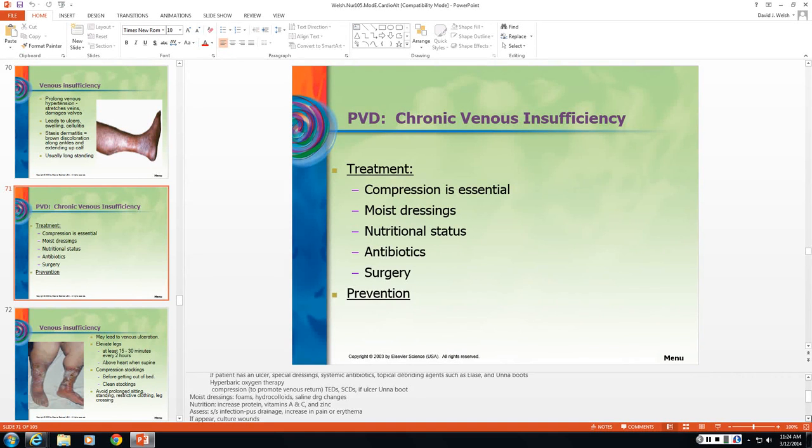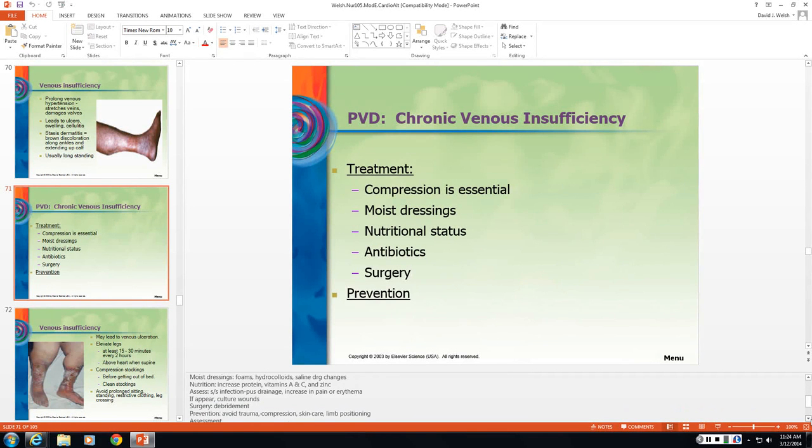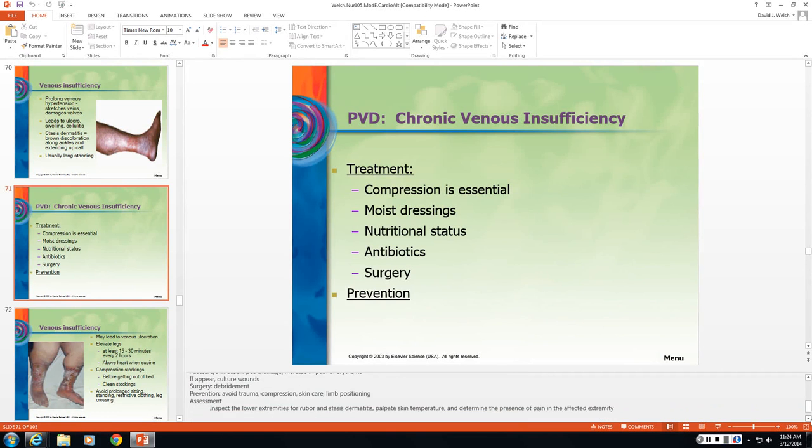So look for any kind of pus drainage, increase in pain or erythema in those areas. If they do have wounds, you want to culture those wounds and send them off so they can be treated with the correct antibiotic. Surgery, a lot of times they're going to do debridement on those areas.